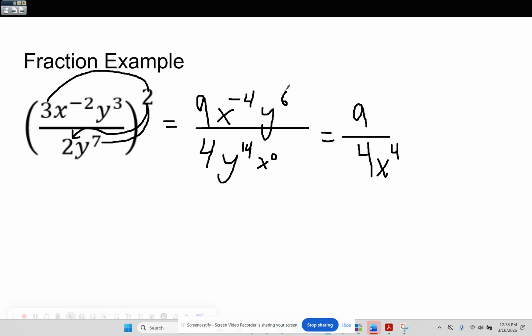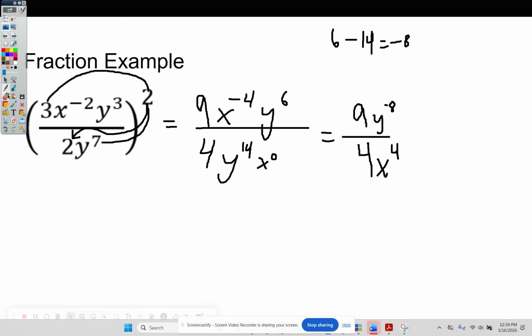And then the y's, so y to the power of 6, y to the power of 14 on the bottom, our quotient rule says to subtract those. So I'm going to do 6 minus 14. That comes out to a -8. Okay, and so my answer would be y to the -8. I could write that here, but I wouldn't want to do that because I would then have to take another step to simplify that y to the -8.